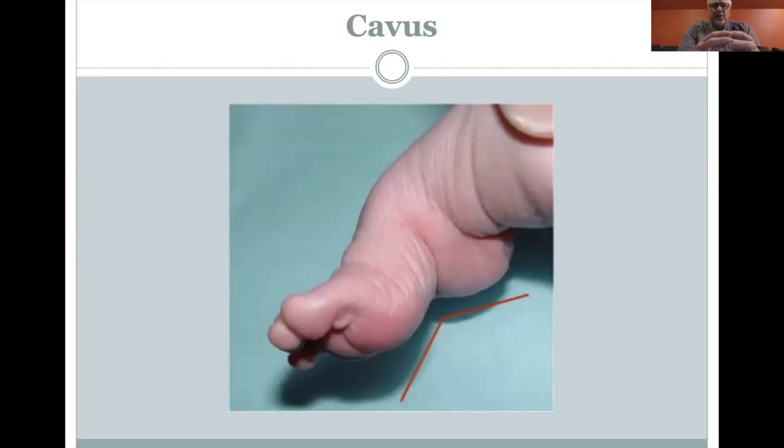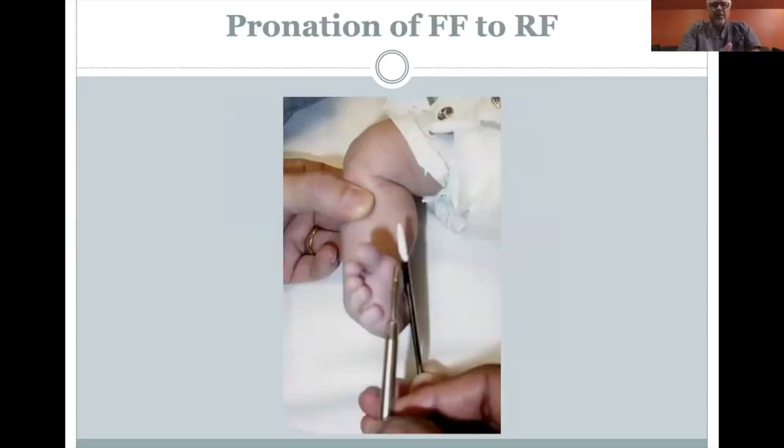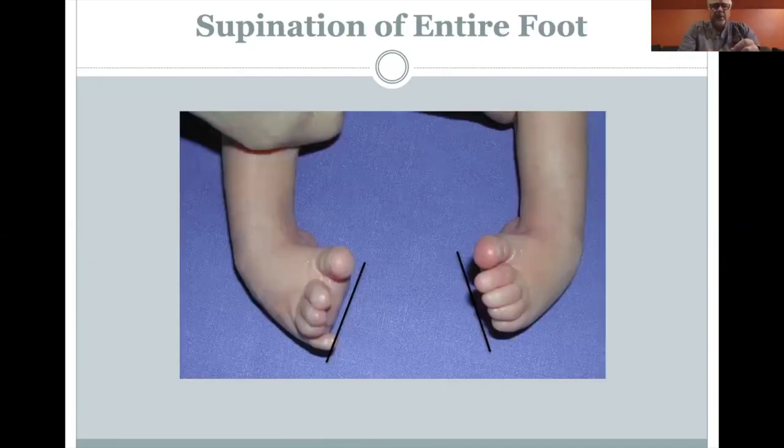So understand that there's a cavus deformity and that the forefoot is pronated relative to the rear foot, or hindfoot. And this is demonstrating that with these pens. You can see how the forefoot is pronated relative to the hindfoot. And then there's supination of the entire foot. Yes, the forefoot is pronated to the rear foot, but the whole foot as a unit is supinated.